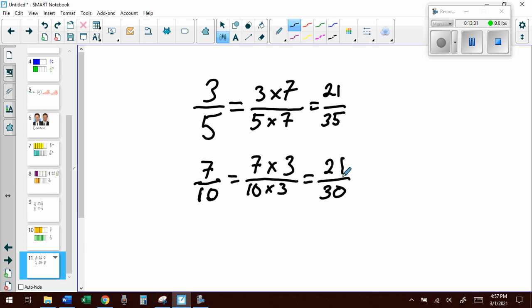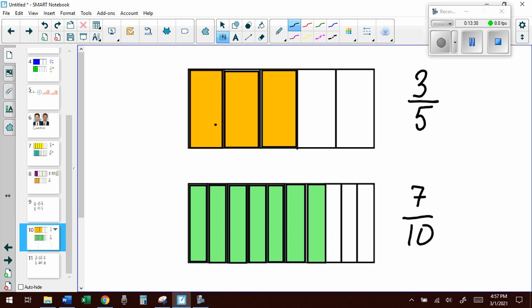Now, I don't know about you, but I don't want to sit here and partition out this tape diagram into 35 pieces. Ugh, that doesn't even sound fun. And I don't want to sit here and partition this tape diagram into 30 pieces.